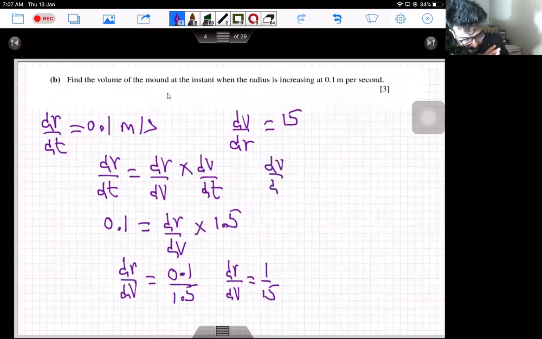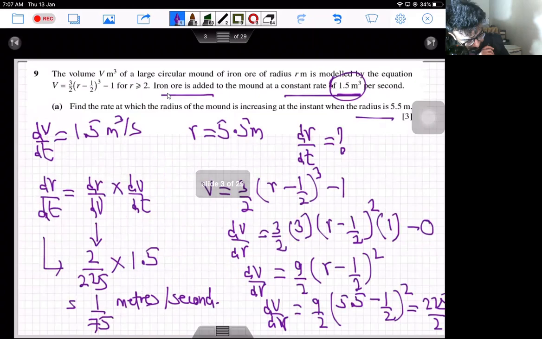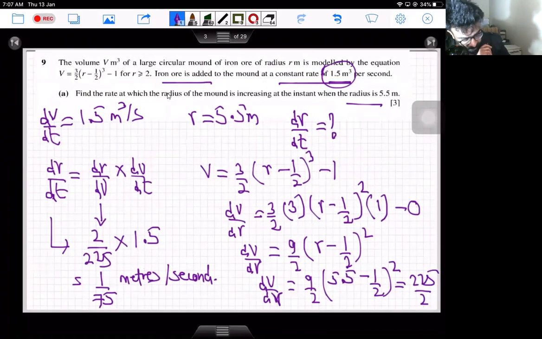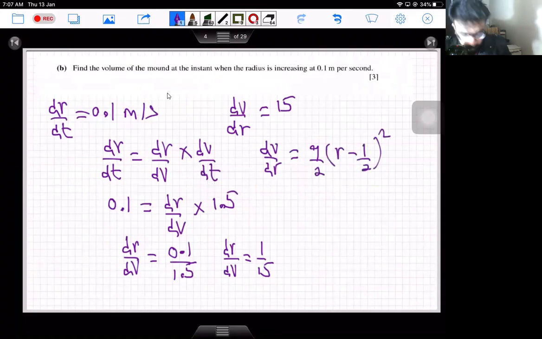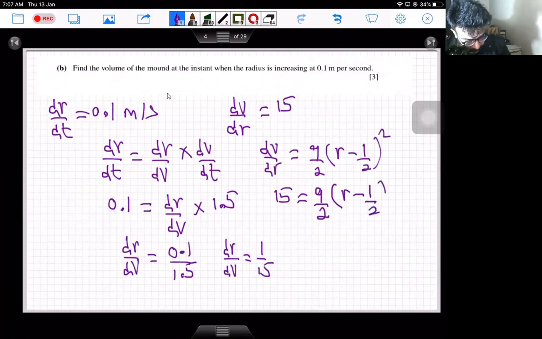And since we know that dv over dr function is equal to 9 over 2 multiplied by (r minus 1 over 2) the whole thing squared. Okay, so 15 is equal to 9 over 2 multiplied by (r minus 1 over 2) the whole thing squared.